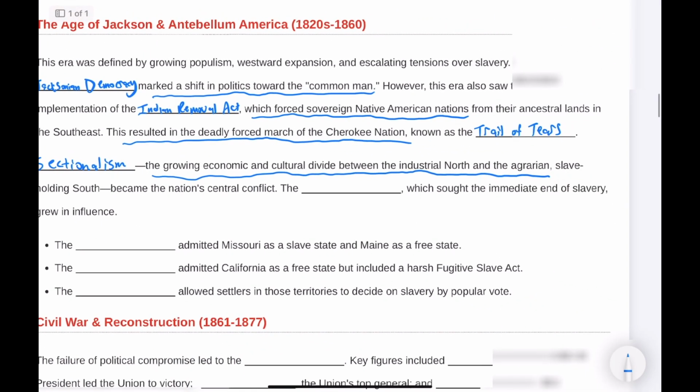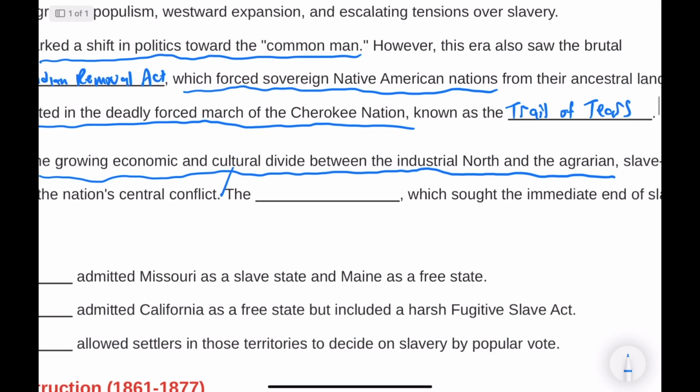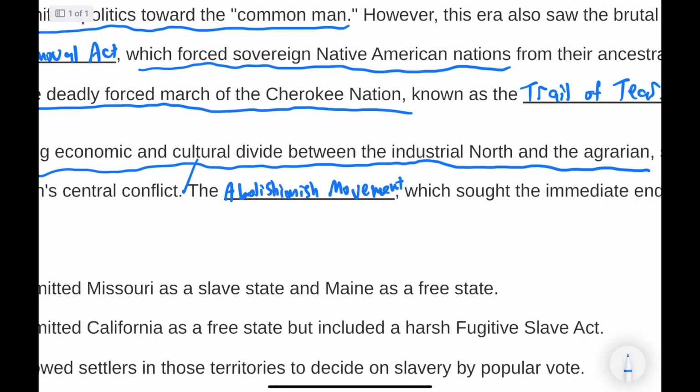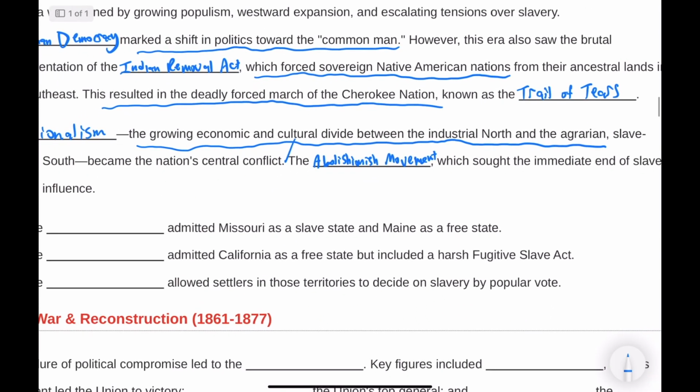The blank, which sought the immediate end of slavery, grew in influence. The abolitionist movement. All right. The abolitionist movement sought the immediate end of slavery.